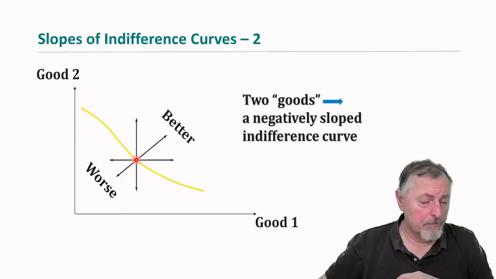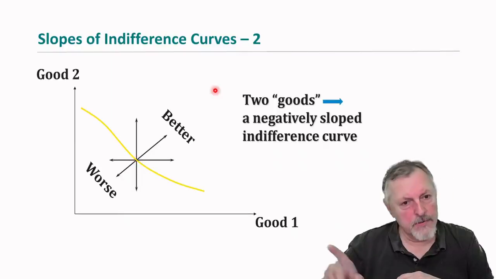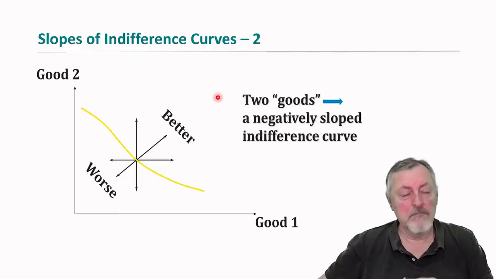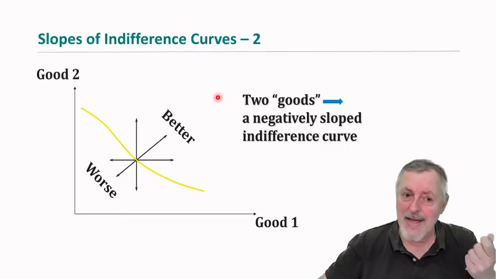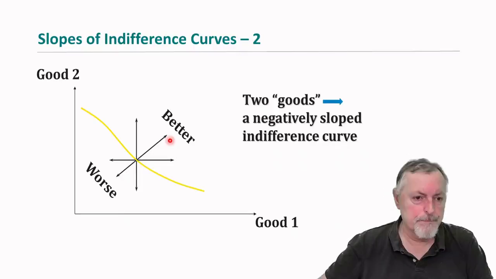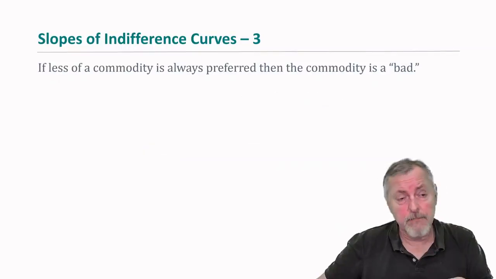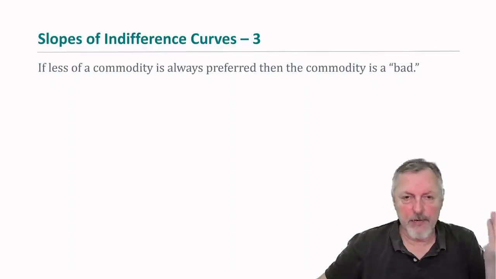A point to the northeast is a consumption bundle where you have more of both. Therefore, you have to be better off, happier. If you prefer to have less of something than more of something, all else held constant, it's a bad. Like the example of garbage.